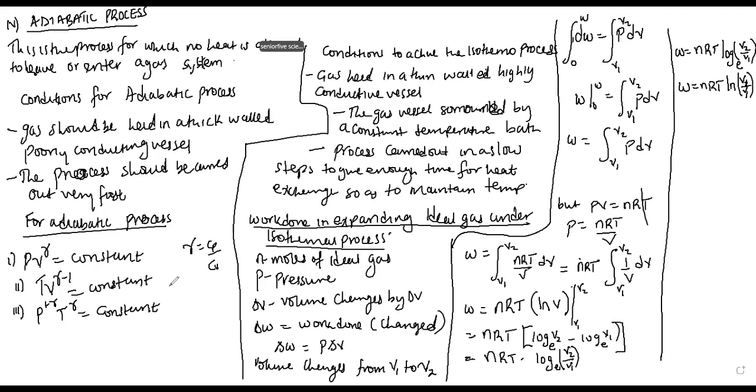Okay, so with this, we have these equations which we need to derive. They can ask you to derive and show that for adiabatic processes, PV gamma is equal to a constant. Show that for adiabatic processes, TV gamma minus 1 is a constant. For adiabatic processes, P power 1 minus gamma times temperature power gamma is a constant. So we are going to derive these equations. I hope we can derive like 2, God willing.